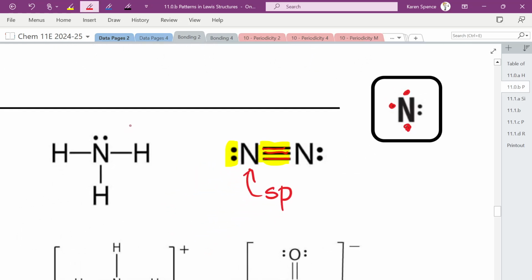What is the hybridization of this N? Well, we got 3 bonds, S, P, P, and what else do we have? A lone pair, so that's S, P, P, P, that is sp3.